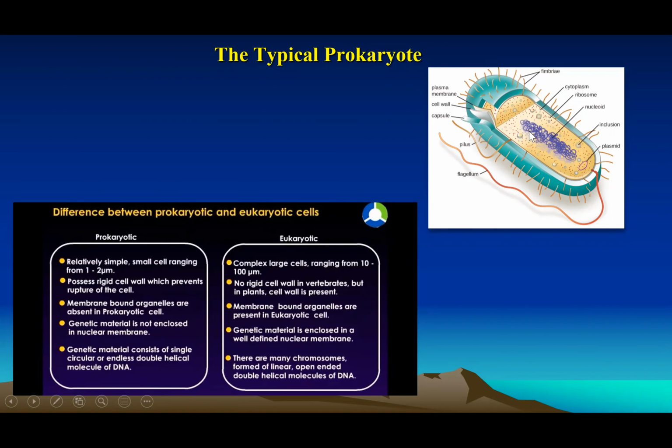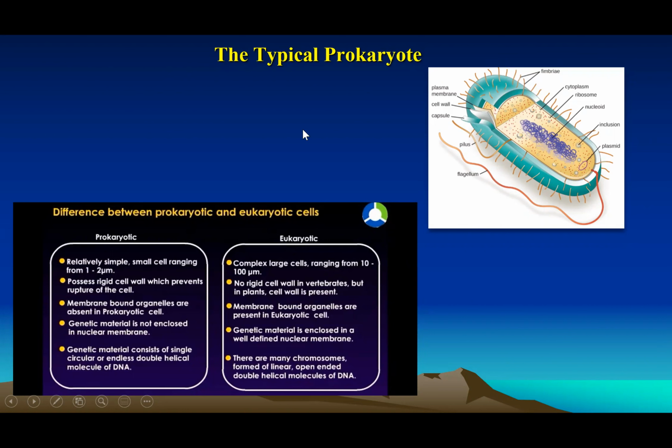It's called the nucleoid region. It doesn't have a nuclear membrane. And the ribosomes are also floating around in the cytoplasm. It might also have processes like a pilus or a flagellum, fimbriae, and so forth. So this is a typical bacterial cell.